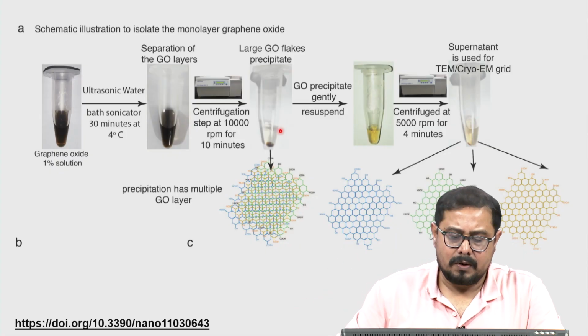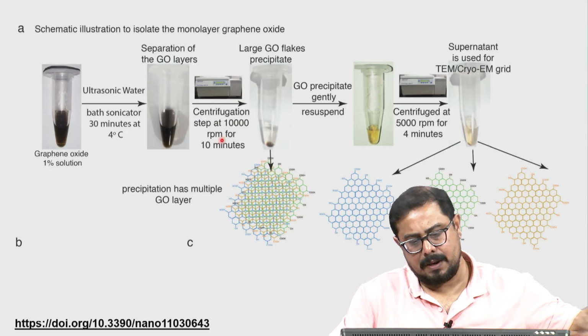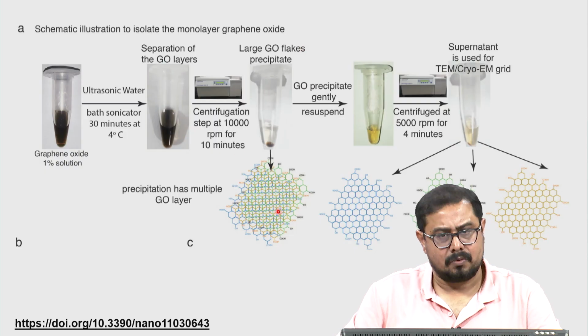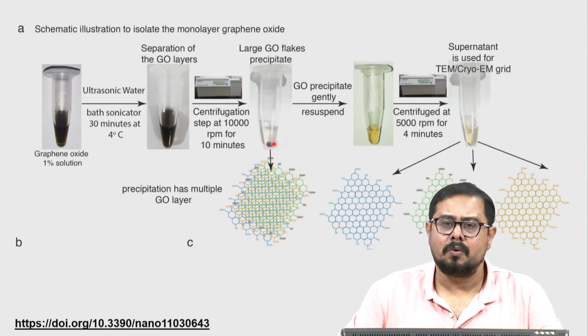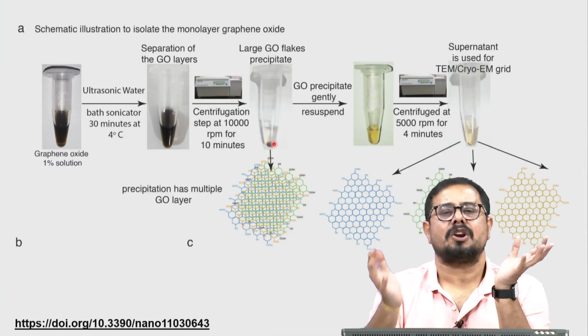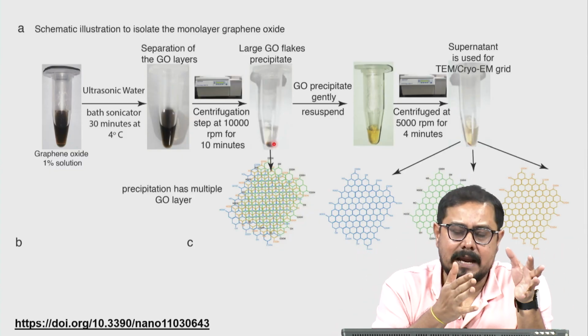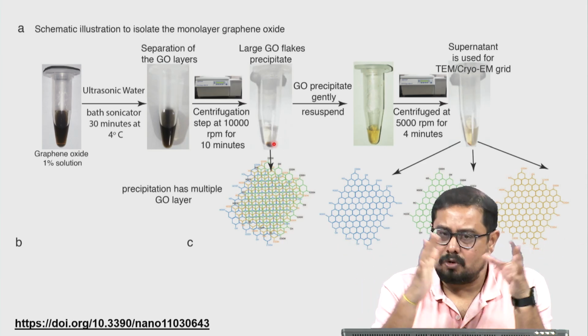What we are doing is taking this supernatant and keeping it on the other side. The large graphene oxide flakes that precipitated, we resuspend again in a mixture of water and ethanol. We noticed that if we use only water, the separation is not that good.